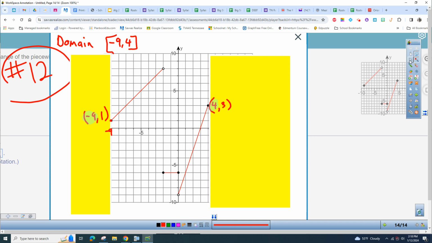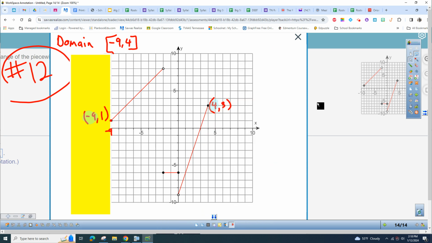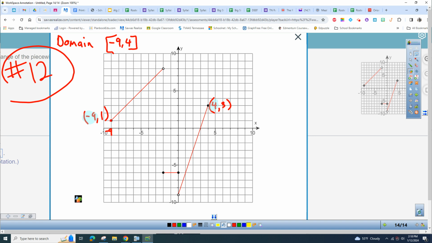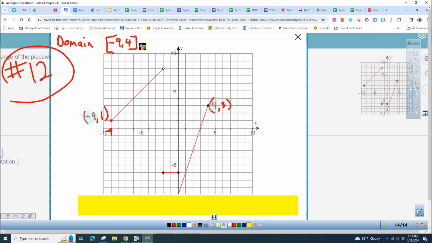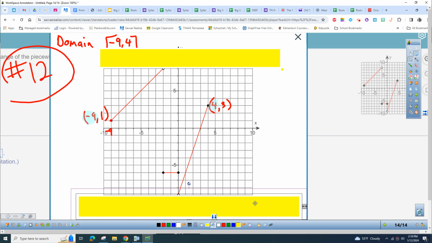So let me clean up some things here as we talk about the range. The range, we're looking for bottom and top, right? And then, okay. That worked. And here. See, that's an open dot there.